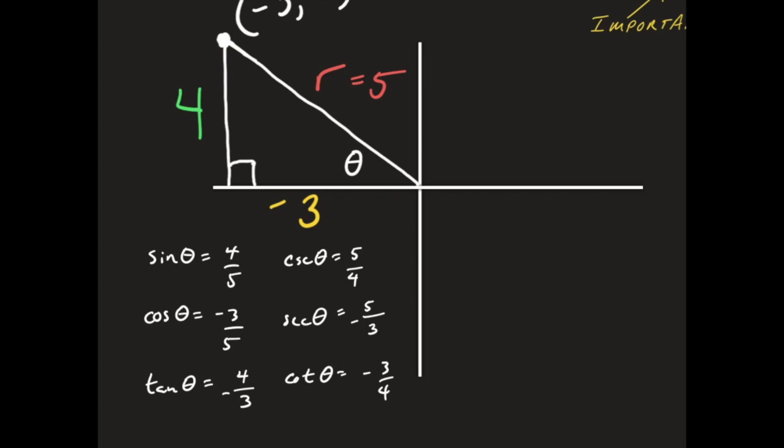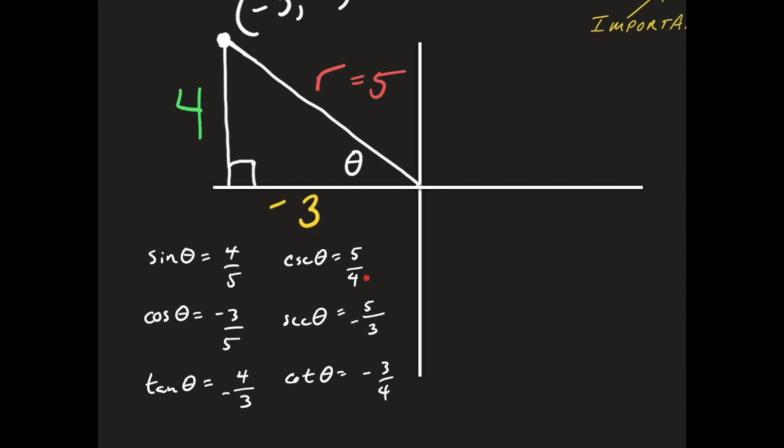One very important thing to note is that when you start doing these trig ratios from a coordinate plane, once you leave the first quadrant, some of your functions will be negative, some of them positive. This example was in quadrant 2, and by looking at all of our values, we can see that the 2 functions that are positive are sine and cosecant, and that's always the case.